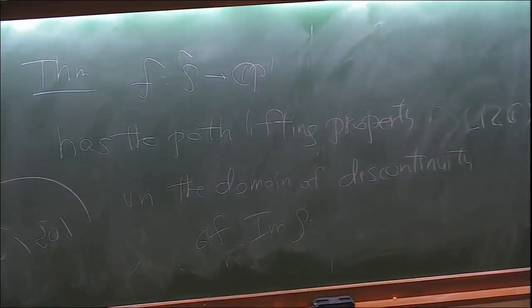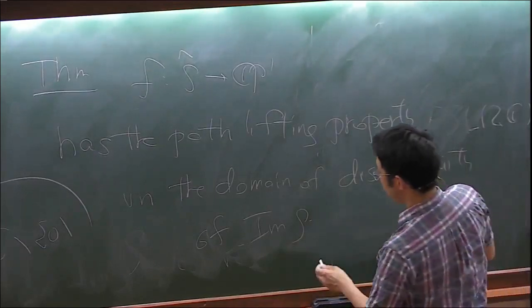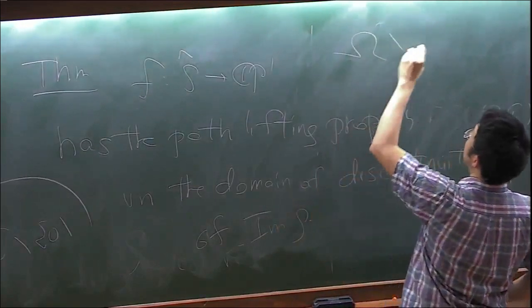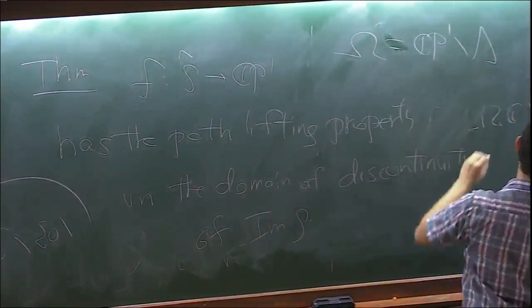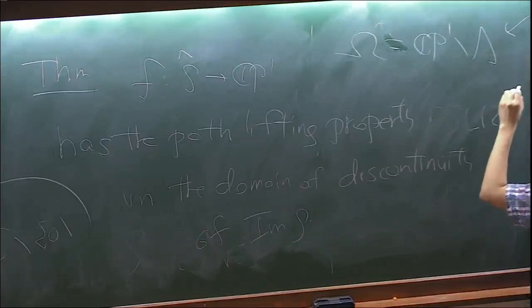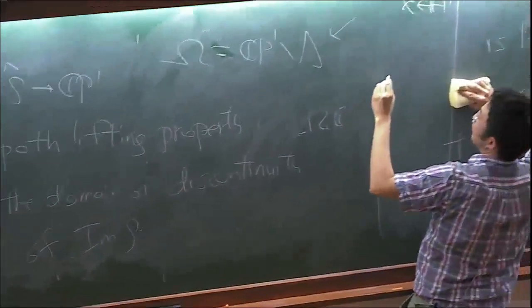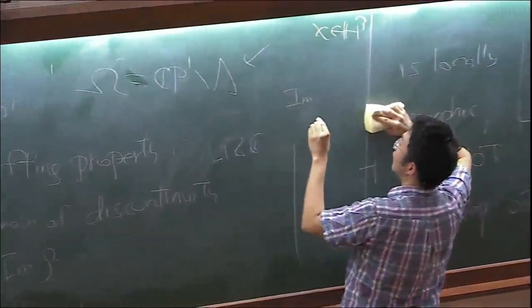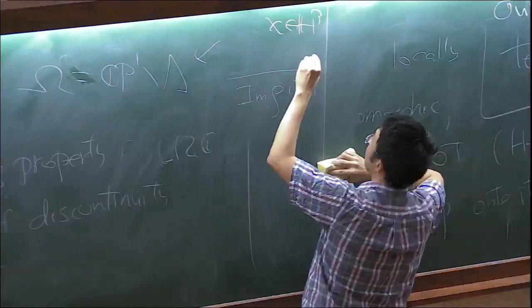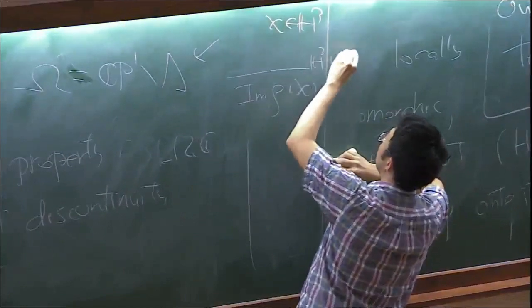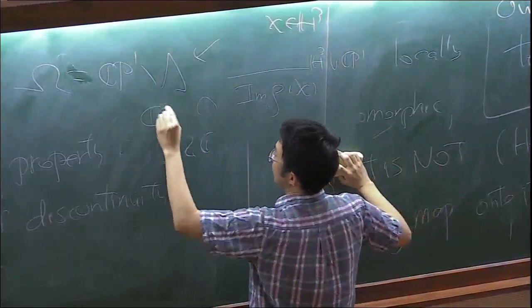So this domain of discontinuity is CP1 minus the limit set, and the limit set is this: you take a point in hyperbolic space, look at the orbit of this point, take the closure in hyperbolic space together with its ideal boundary, and look at the intersection with CP1.